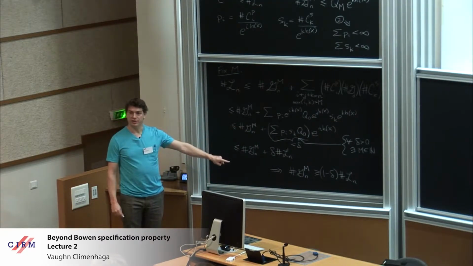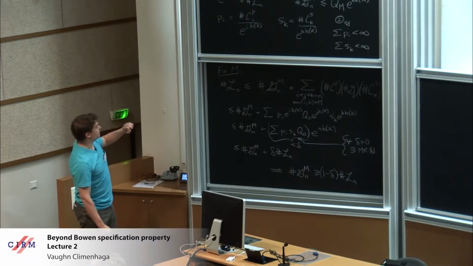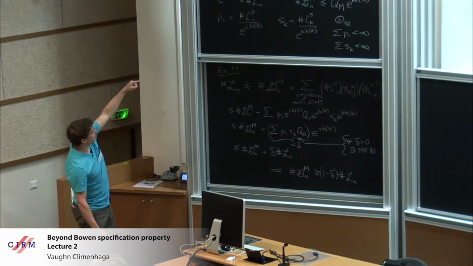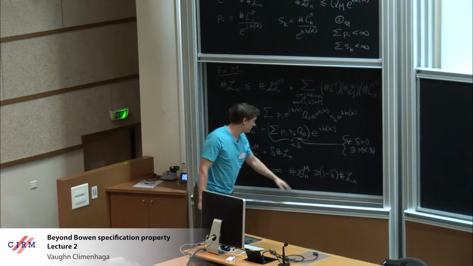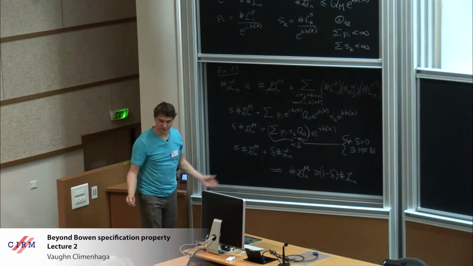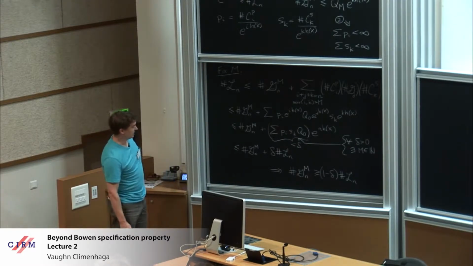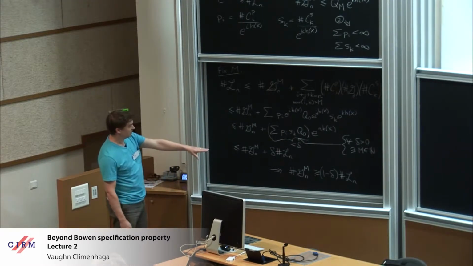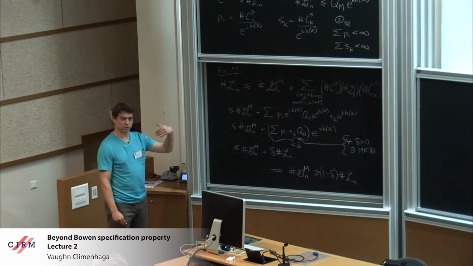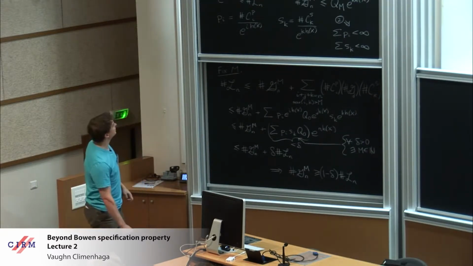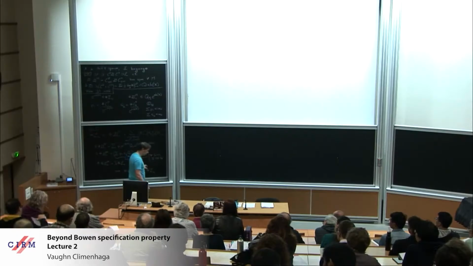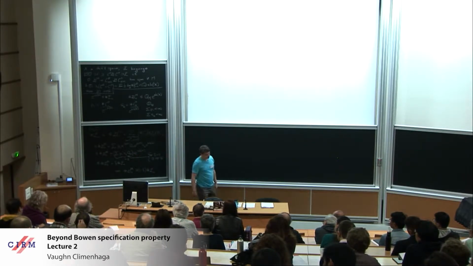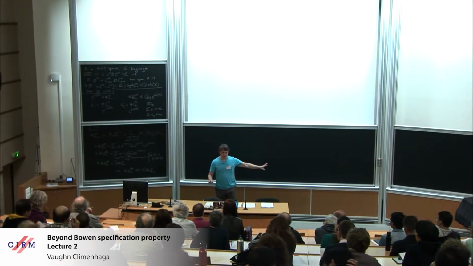And as soon as you have this, you can immediately deduce the uniform upper bound on the number of words of length n, because you simply take delta equal to 1/2 and take an m such that this works, and then you get that the number of words of length n is at most twice the number of good words in GM. And it also gives you a lower bound on the number of good words once m is large enough. And from there, the rest of the proof is essentially the same.